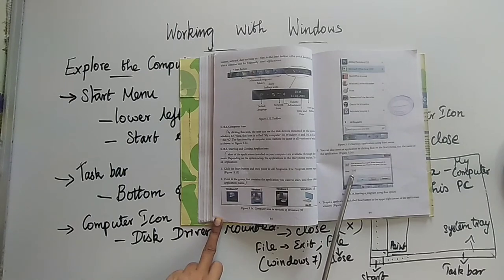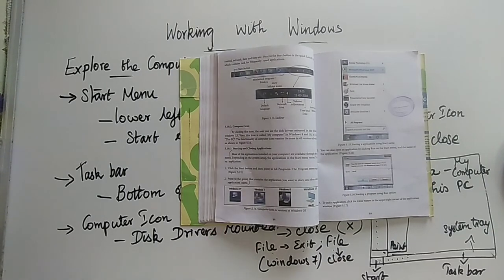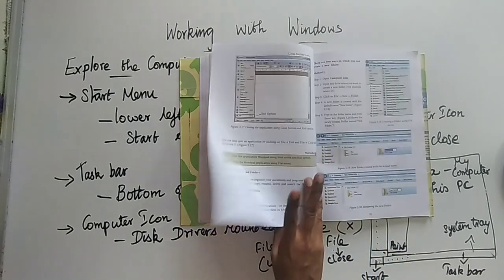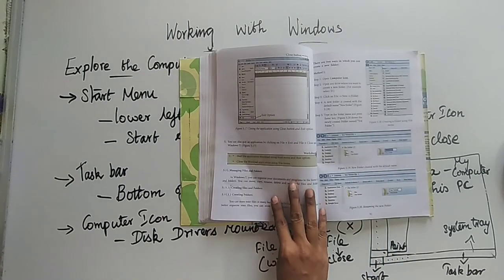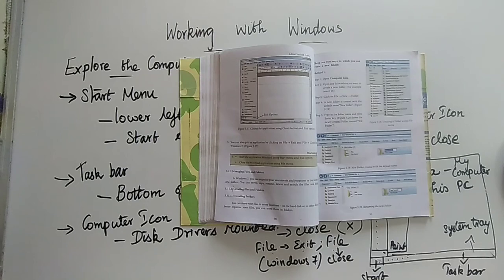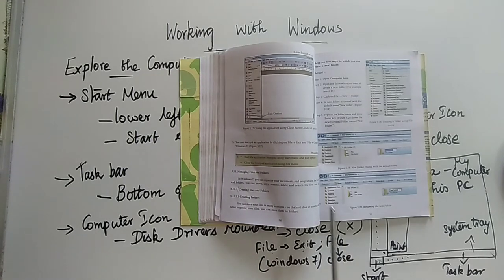Here you type the application you are willing to open. Here it is typed as Excel. Type it, then press the enter key, otherwise press the OK button. Then the Excel application will be opened for you.